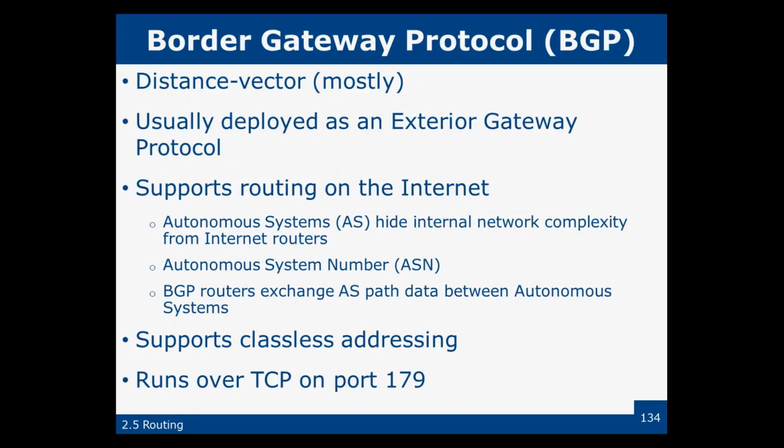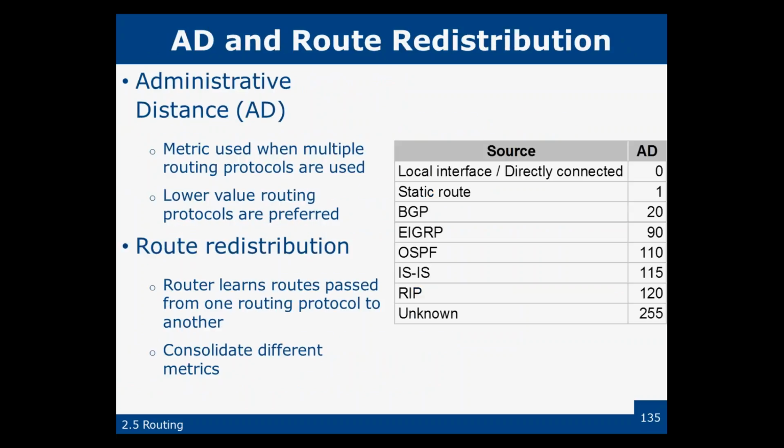ISPs are typically where the autonomous systems are going to be, so that BGP sends the traffic for the entire Cox cable or whoever to them, and then they distribute it on their own network. They use autonomous system numbers. But yeah, this is a lot of autonomous systems here. Between autonomous systems, they exchange information. Supports classless routing and runs over TCP port 179.